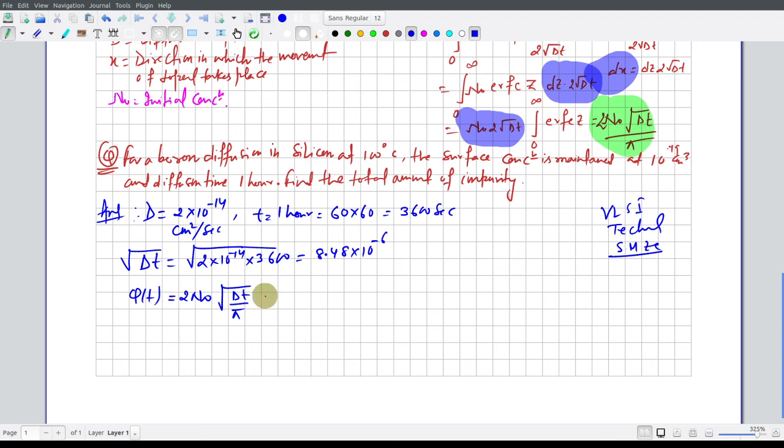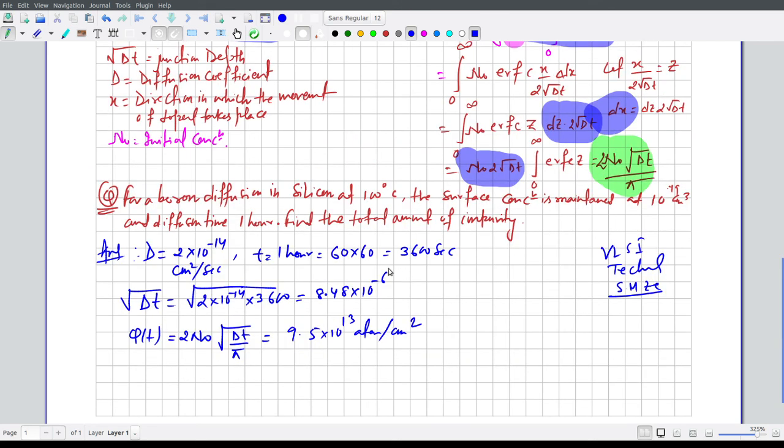If we put in all the values, the initial concentration and the rest, it will come around 9.5 into 10 to the power 13 atoms per centimeter square. So this is the numerical based on the complementary error function.